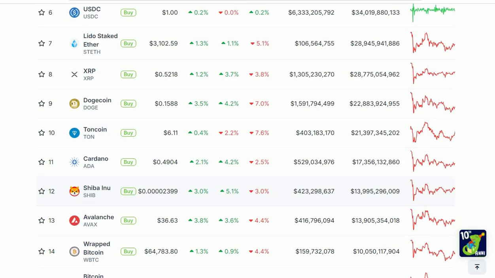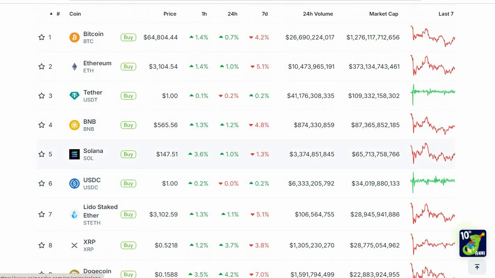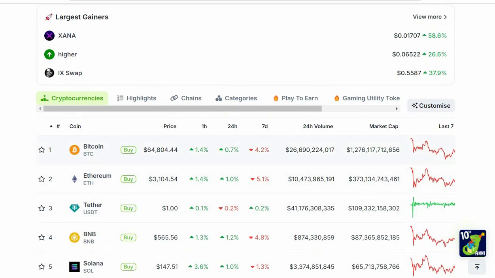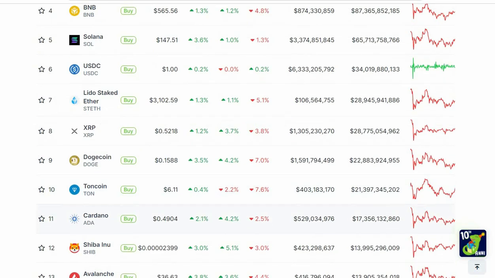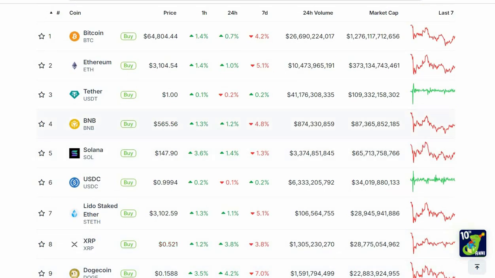So is 10x possible? If you believe Shiba Inu is going to be in third place, but you have to remember that the whole market can double or triple. I'm just saying, if Shiba Inu were to explode right now with the whole market going sideways, that would mean we would go to number 3, and Tether would be number 4 right now.